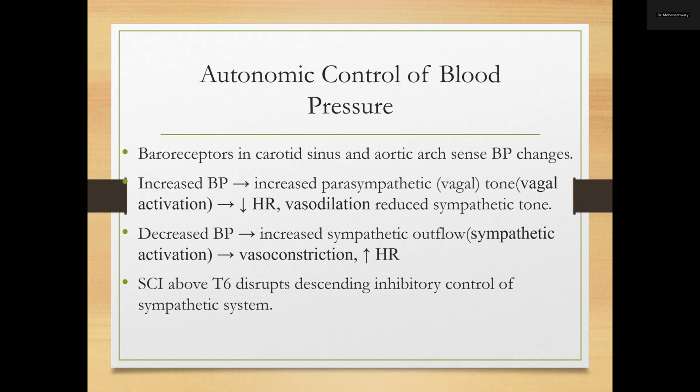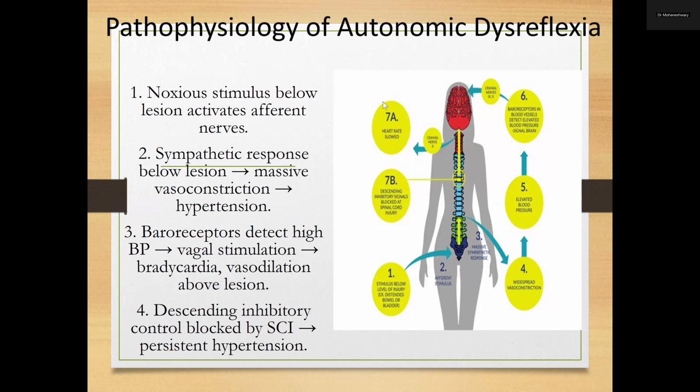So when there's a spinal cord injury above T6, it disrupts the descending inhibitory control of the sympathetic system. So this is where this diagram comes in. Number one, there's a noxious stimulus below the lesion, below T6, for example a distended bowel or bladder.